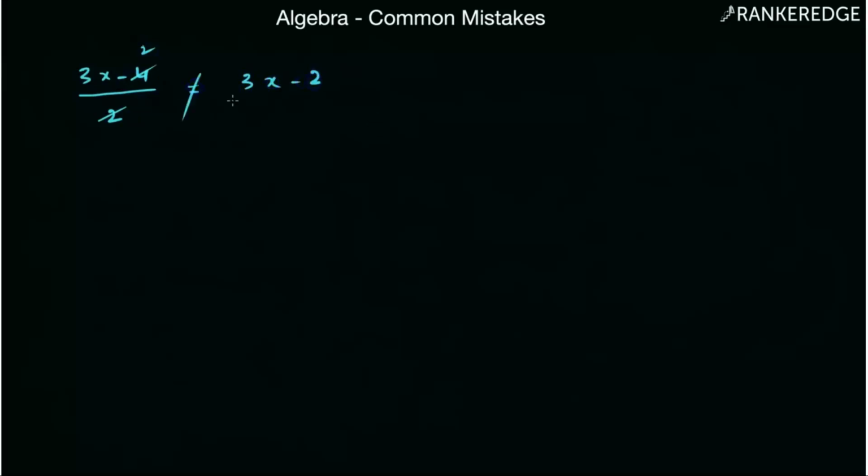I cannot do this, because when I have 3x minus 4 by 2, this division symbol is for this entire numerator. That means if there are multiple terms in the numerator, then this division has to be applied to all the terms in the numerator. That is 3x by 2 minus 4 by 2.